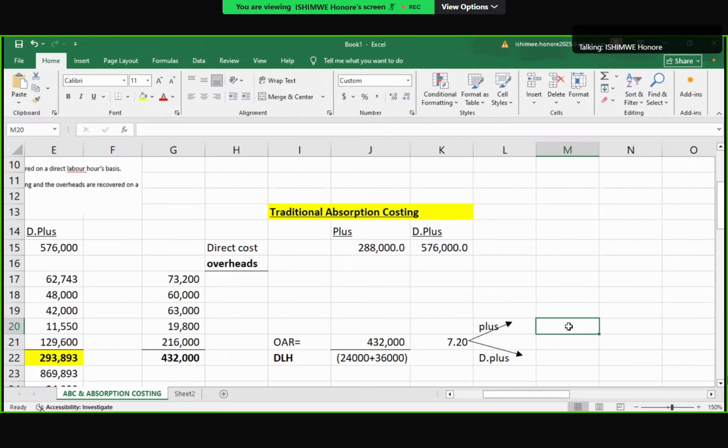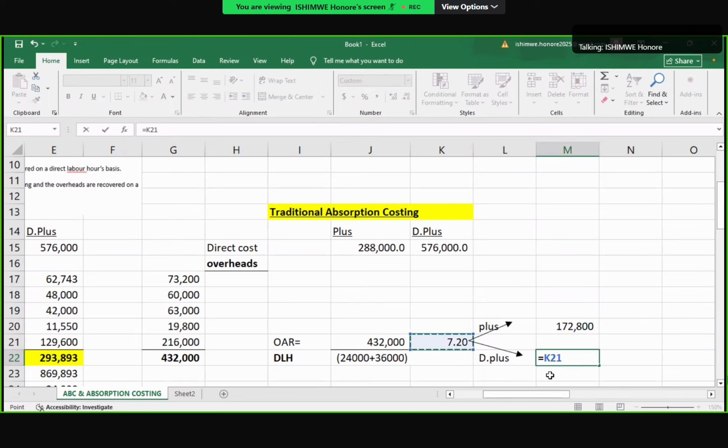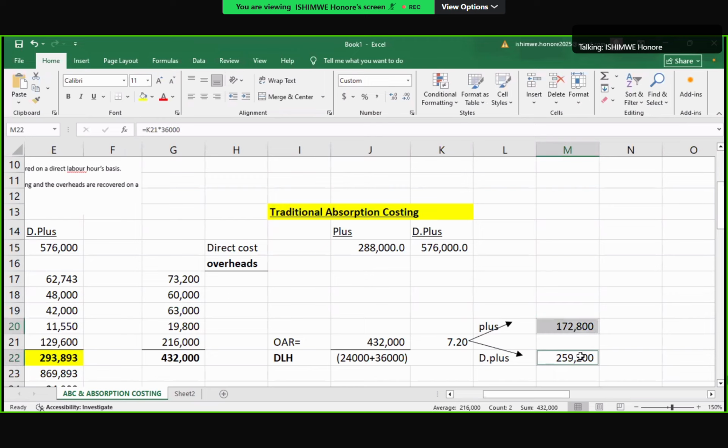For plus, I will take 7.2 times 24,000. The same way for double plus, we will take the 7.2 and multiply by 36,000. Simple. So the total is 432. The total overhead is still the same. That is how we apportion it.